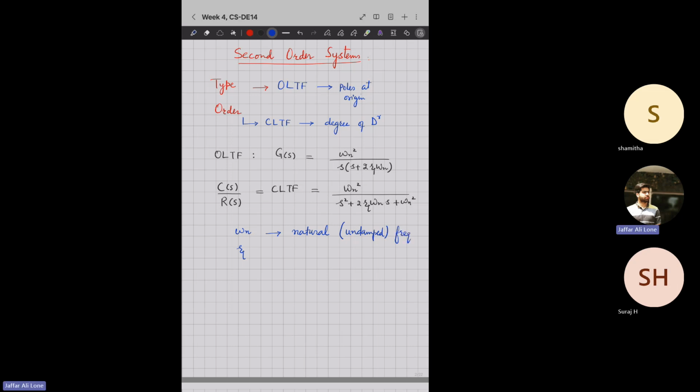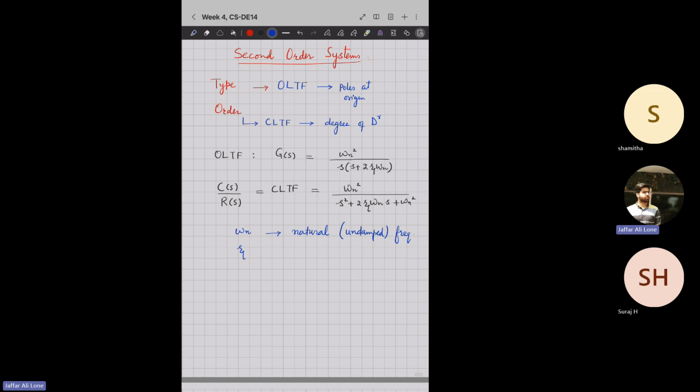Means I have a system, I give some input, and it oscillates with some frequency without any damping. If I do not employ any sort of damping in the system, the frequency with which the system will oscillate is called the natural frequency, denoted by omega n.